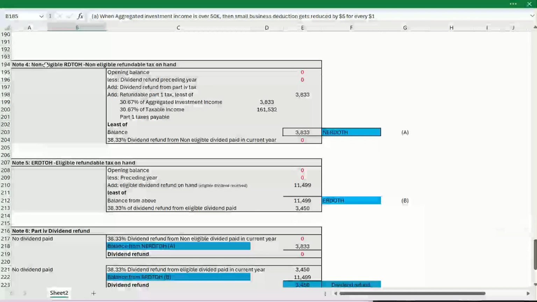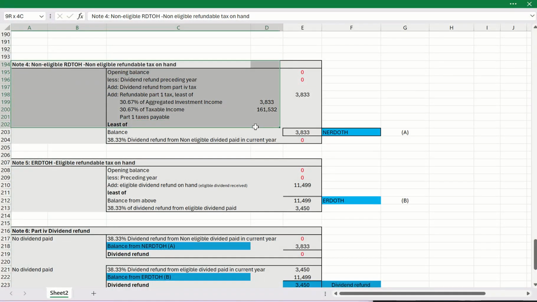This is the bucket for the non-eligible refundable tax on hand, NERDTOH. You could call it NERDTOH or ERDTOH.